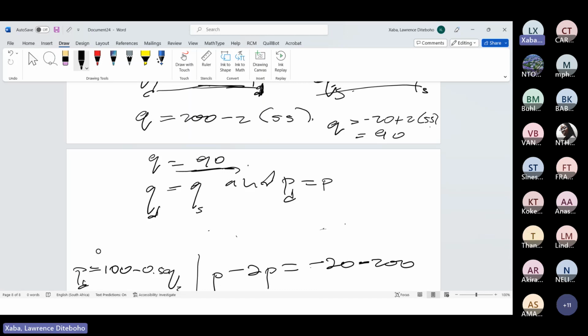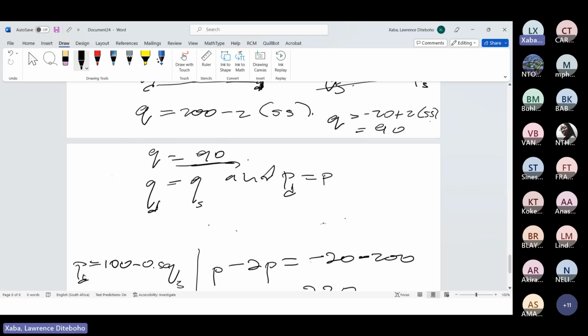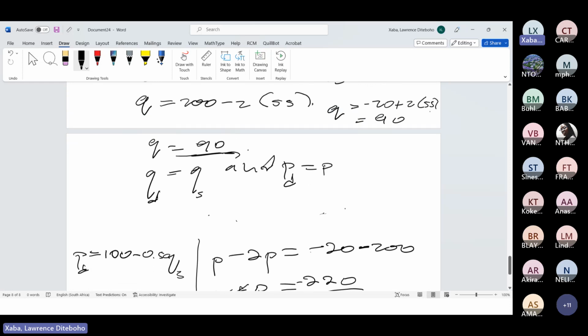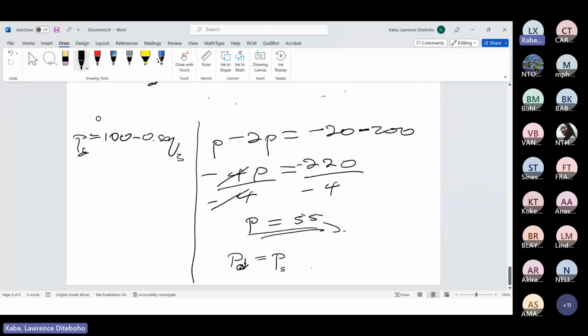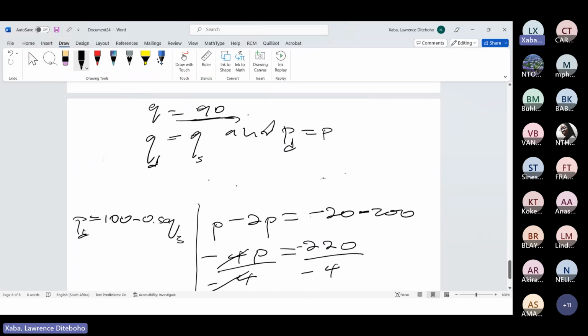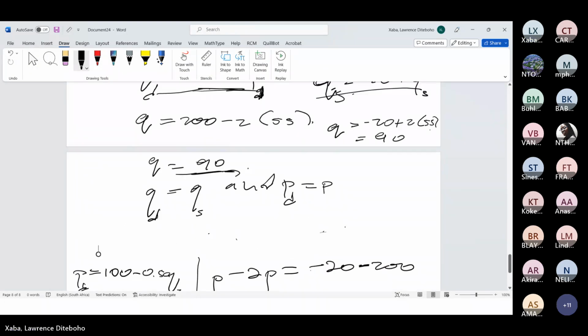So it means there's something wrong about the study guide, because even if you equate PD and PS, it still gives you 90. That 90 appears as Q, and the price is still 55. So it looks like that P that appears as 90 is supposed to be 55.